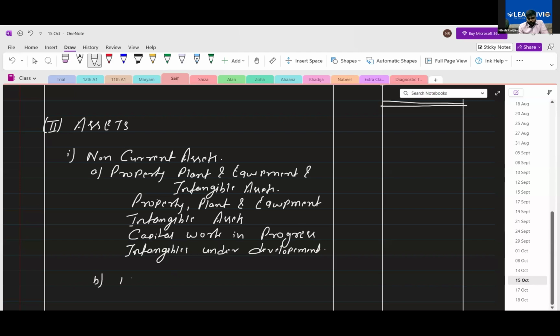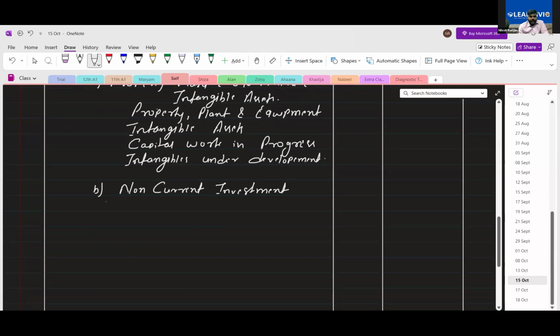Then item number B, it is non-current investment. Item number C, deferred tax assets.